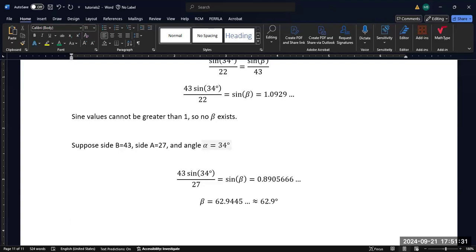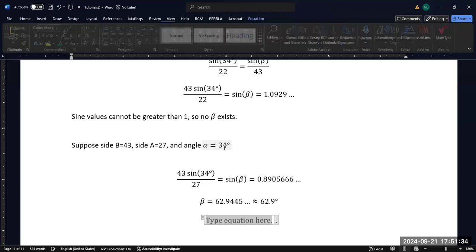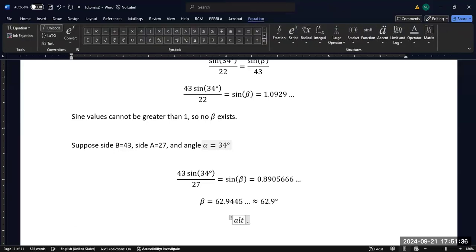What about alternative beta? So second quadrant beta. Well, remember it's 180 minus the value we got in the first quadrant.